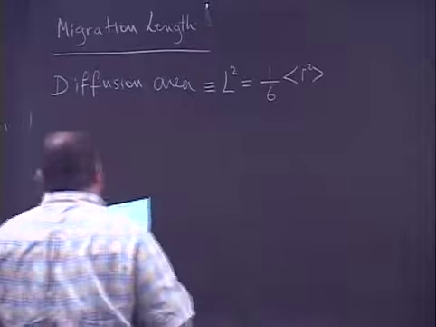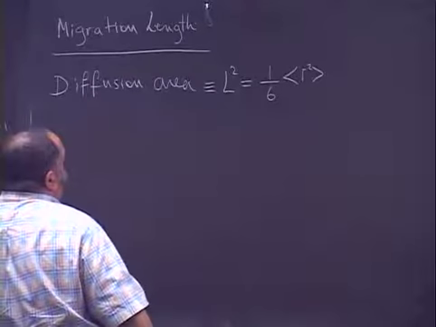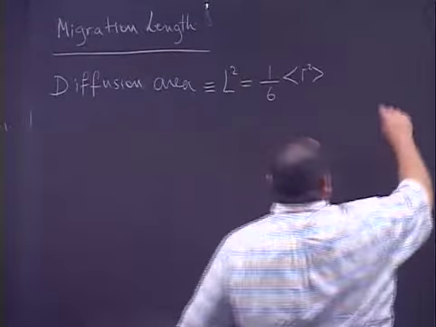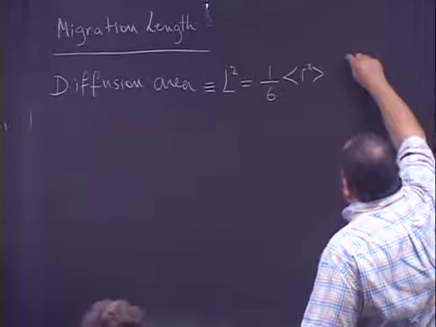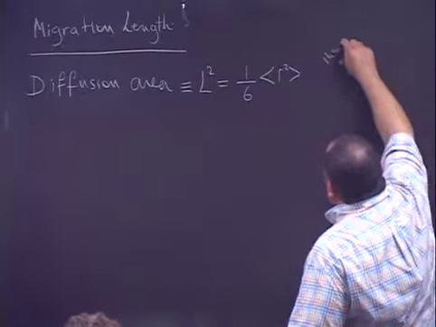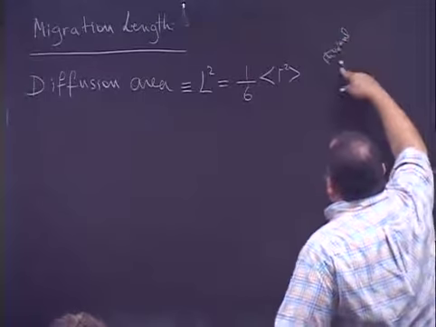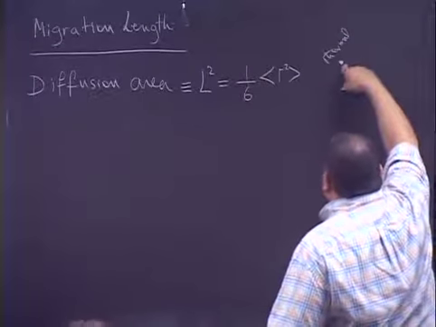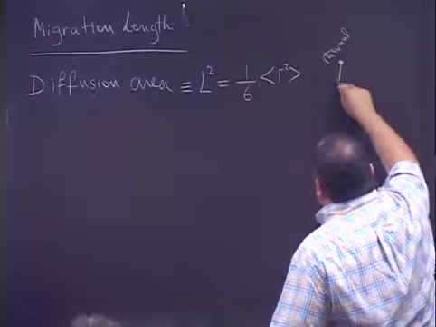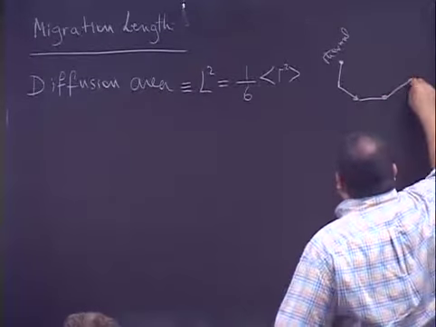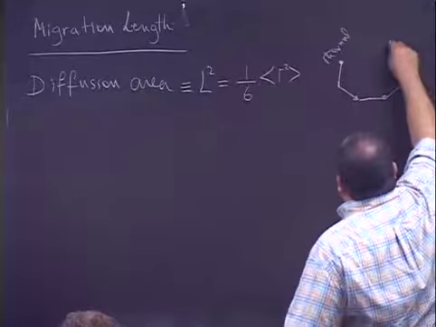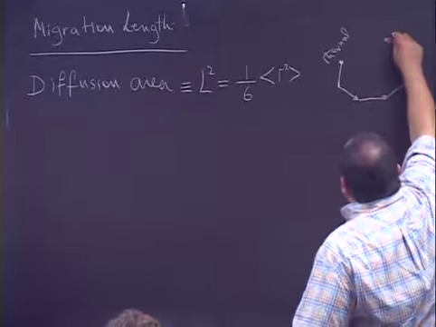And R squared average here is the distance from the moment the neutron becomes thermal. So the neutron starts to be thermal here, makes several collisions in the thermal energy region, then after those several collisions, it gets absorbed here.